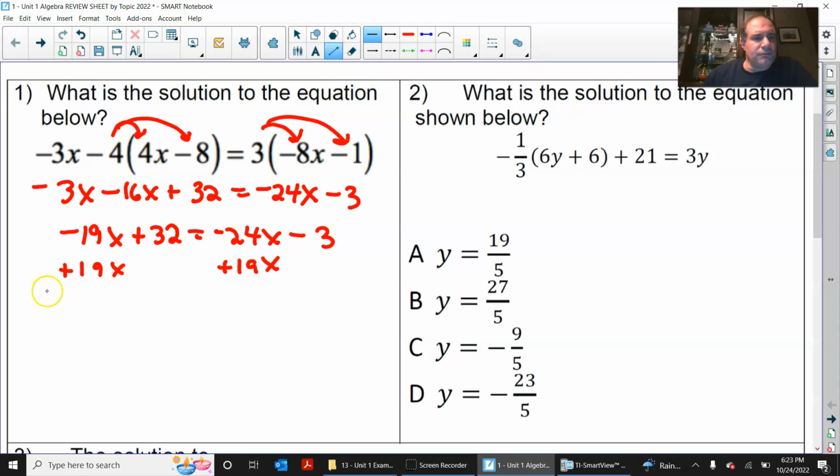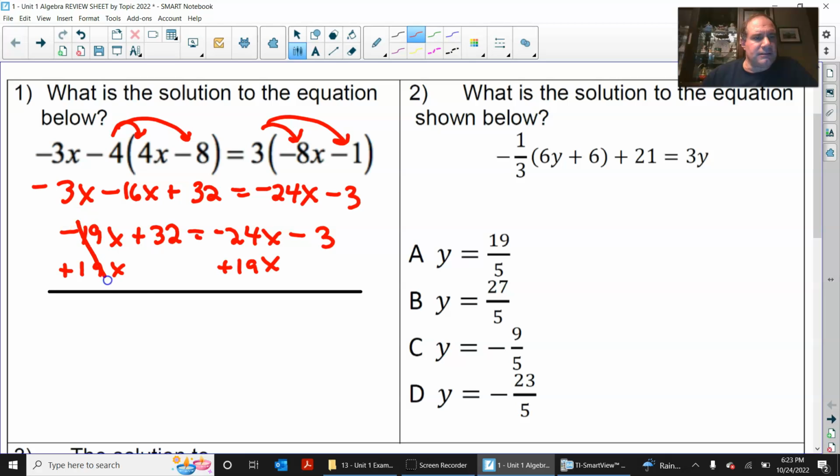And once you take a look at that, that's when you realize, hey, the 19x's will cancel. You have 32 coming down on that left side. You have negative 24x plus 19x is still a negative 5x, and then minus 3.